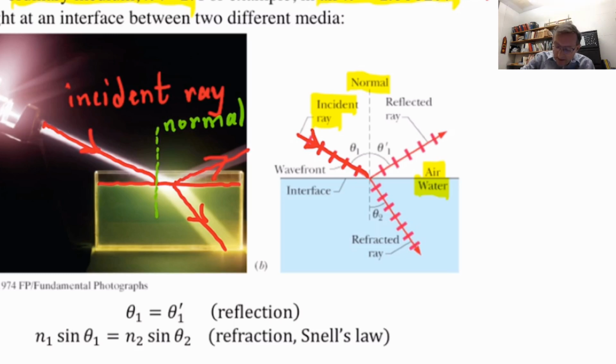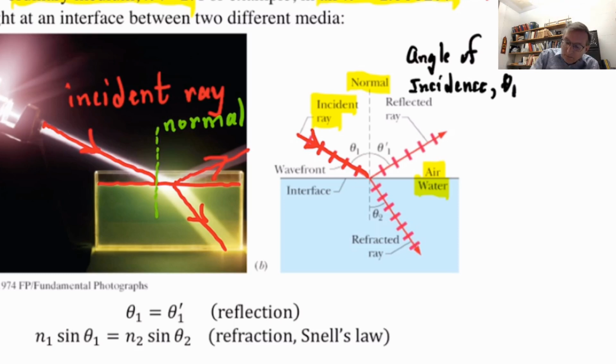And we keep track of what's called the angle of incidence, theta 1, which is measured relative to the normal. Be careful. It's just the angle between the incident ray and the normal. Okay, some of the light will be reflected.